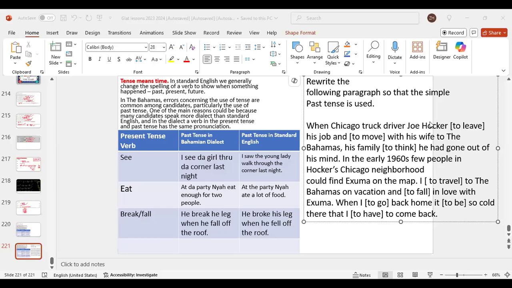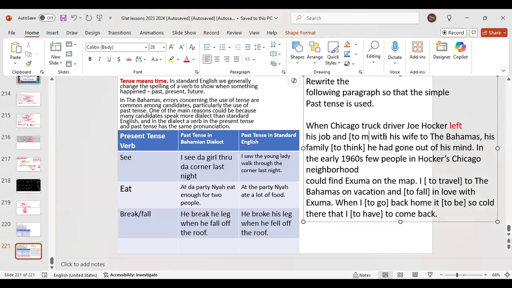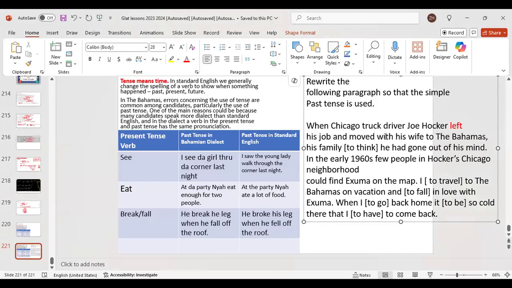All right, when the Chicago truck driver Joe Hawker to leave, what did y'all have for that one? Left. Not to leave, just left. Simple past tense. So left his job. And to move, moved. Move with the ED, right?